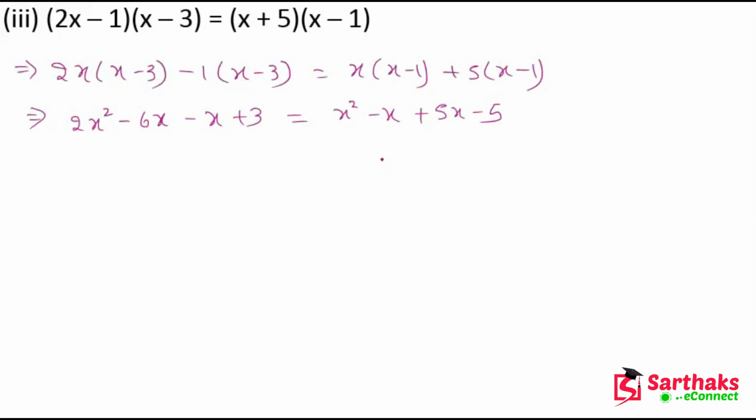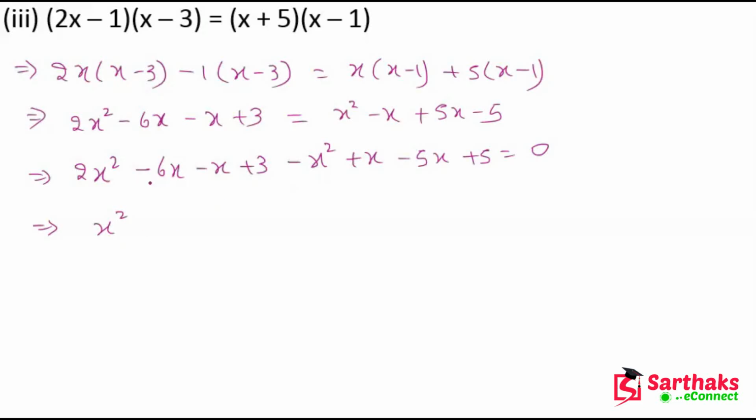Now we are shifting all the constant and variable terms to the LHS part. So it will become 2x square minus 6x minus x plus 3. If we shift this, then these terms will become minus x square plus x minus 5x plus 5, which is equal to 0. Now 2x square minus x square, we get x square.